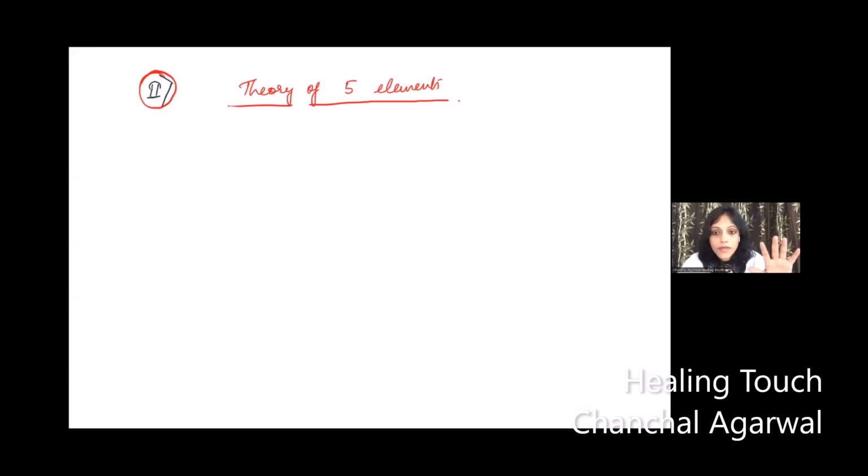What are these 5 elements? The 5 elements according to Chinese acupressure are wood, fire, earth, metal, and water.